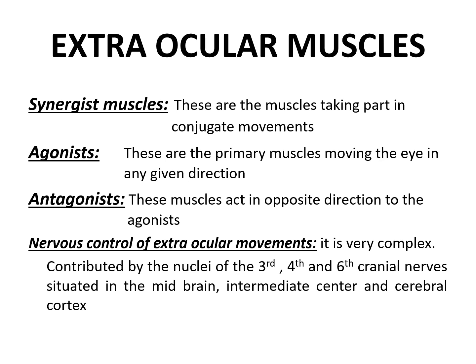Agonists are the primary muscles moving the eye in any given direction. Say in abduction, the agonist is the lateral rectus and the antagonist is the medial rectus of the same eye. So agonist and antagonist are opposite muscles in the same eye, which carry out opposite movements.